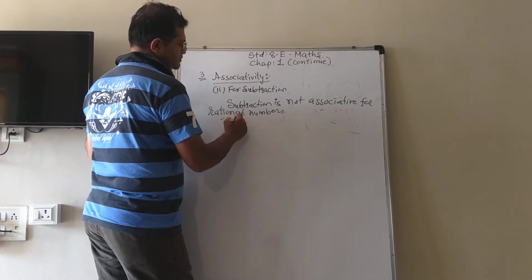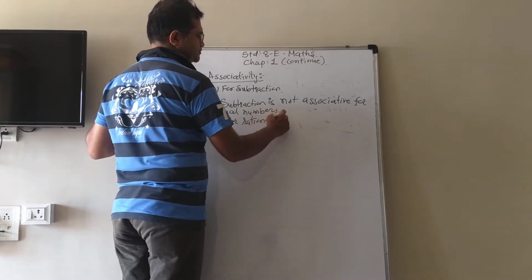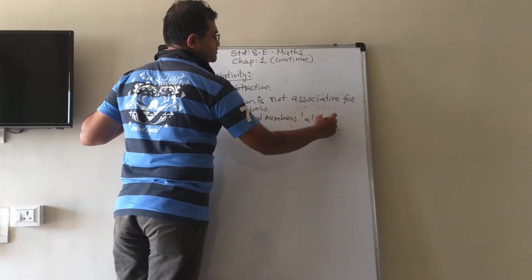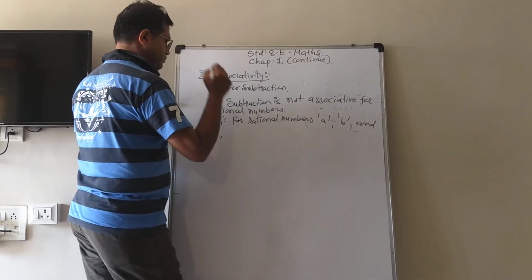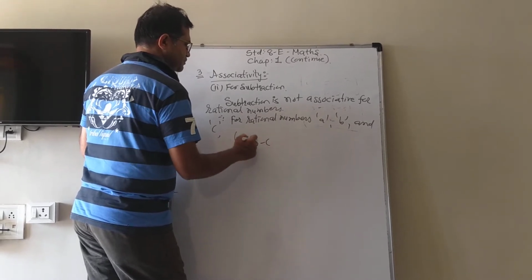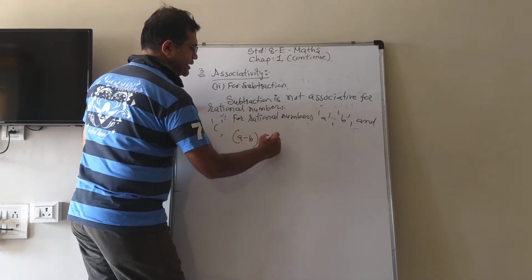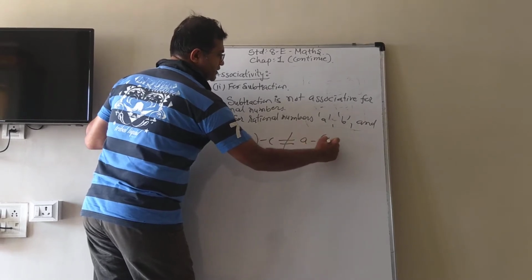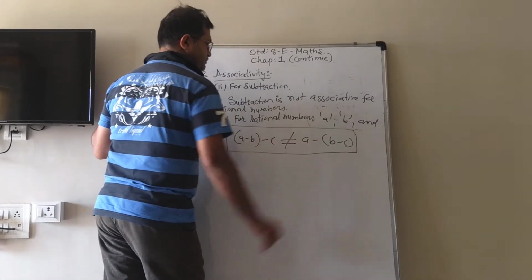So we can write down for rational numbers A, B and C. We will write down like that: (A minus B) minus C is not equal to A minus (B minus C).